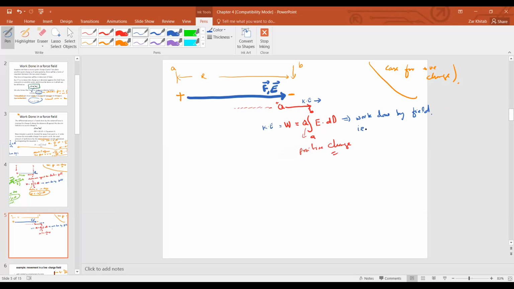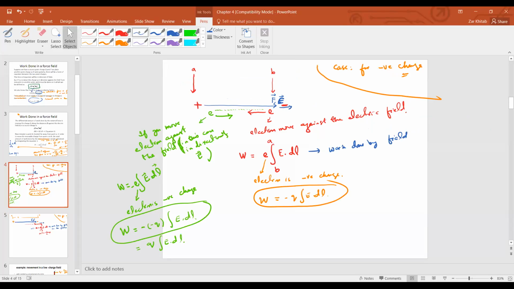That is the positive work for the positive charge. Okay, look here, work done by the field. Which one is the work done by the field? This one.